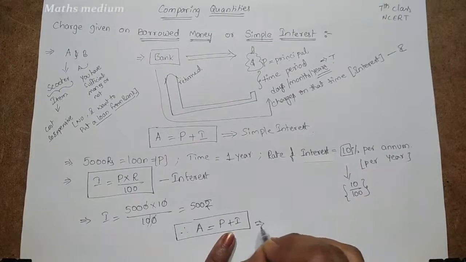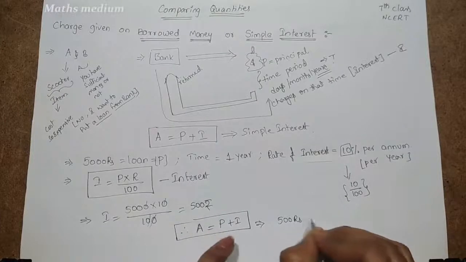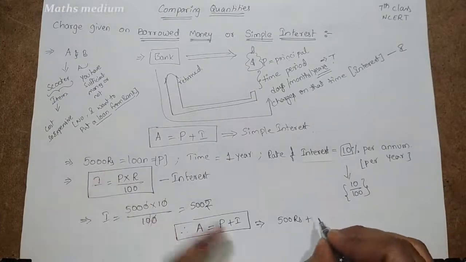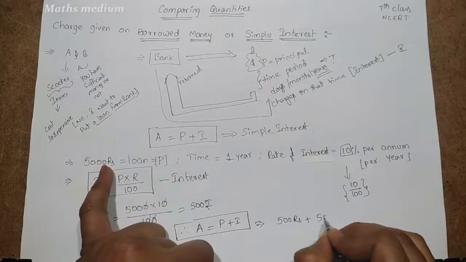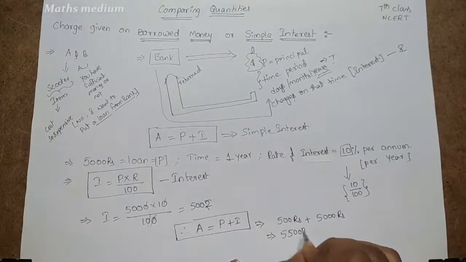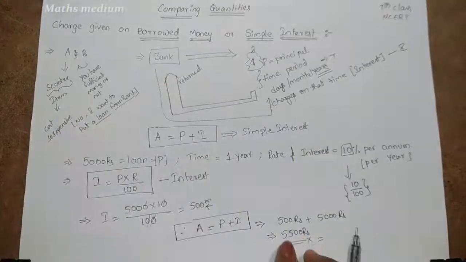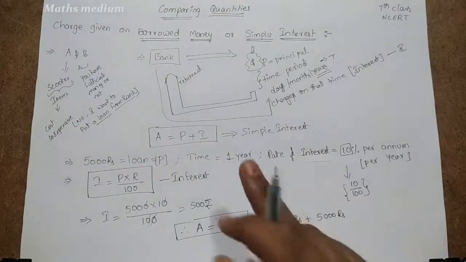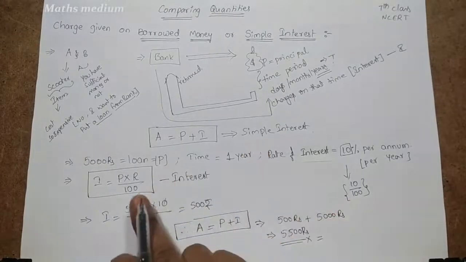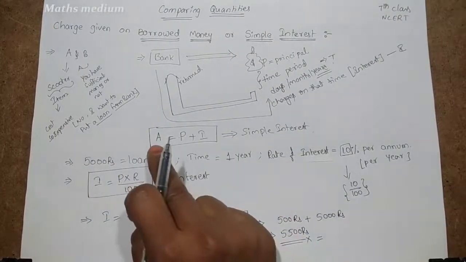Therefore, interest 500 rupees plus principal 5,000 rupees is equal to 5,500 rupees that we have to pay when we return to the bank. That is the amount. So this is the simple interest formula and this is the amount formula. By using these two we can calculate the amount.